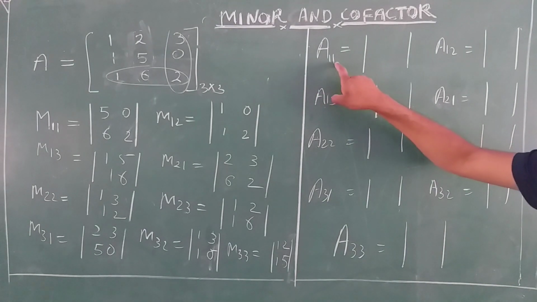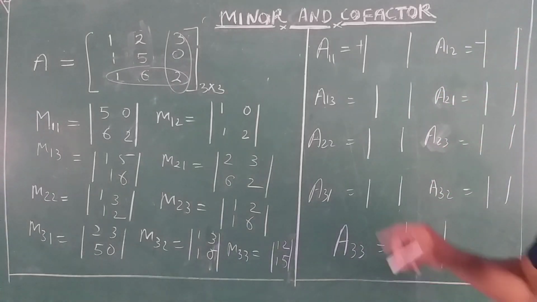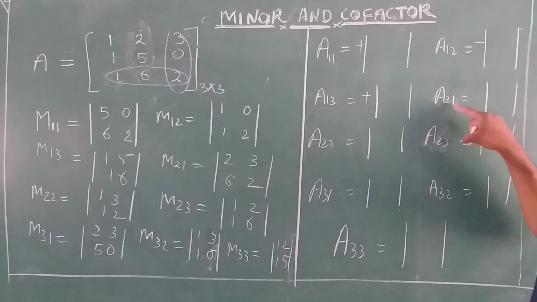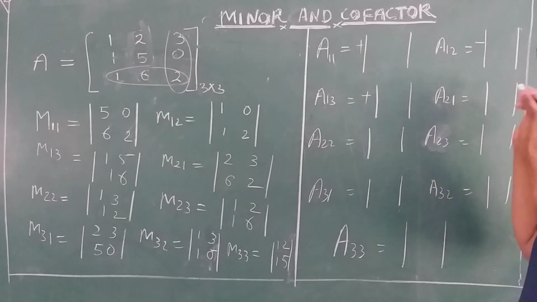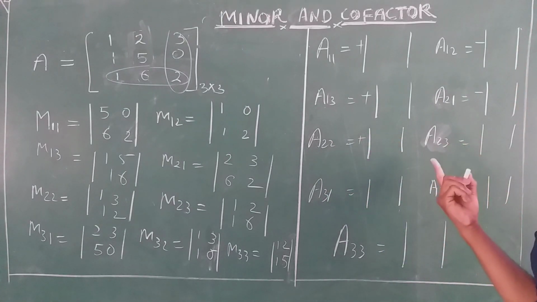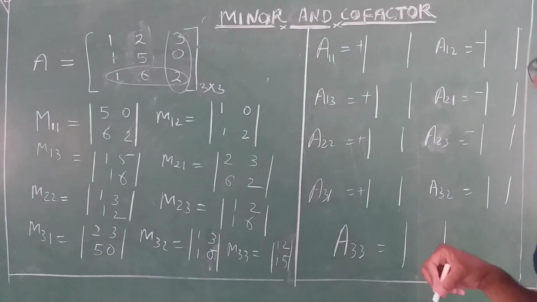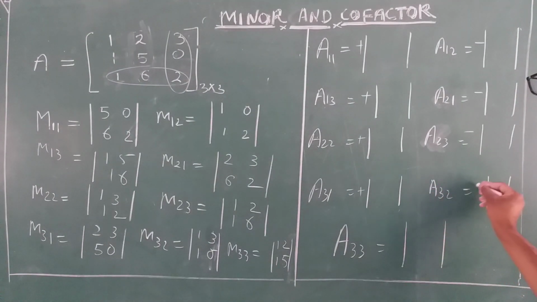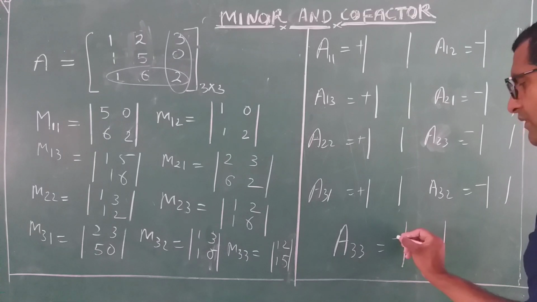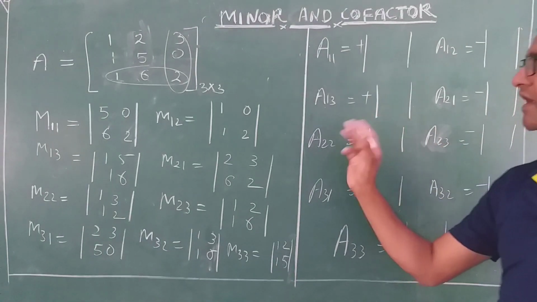Since 1 plus 1 is even, the sign will be positive. 1 plus 2 is odd, the sign will be negative. 1 plus 3 is 4, which is even, the sign will be positive. 2 plus 1, 3 is odd, so the sign will be negative. 2 plus 2, 4 is even, positive. 2 plus 3, 5 is odd, negative. 3 plus 1, 4 is even, positive. 3 plus 2, 5 is odd, negative. 3 plus 3, 6 is even, the sign will be positive, right? So this is the way to mention the sign in a cofactor.